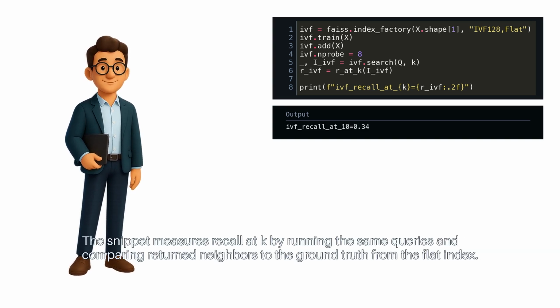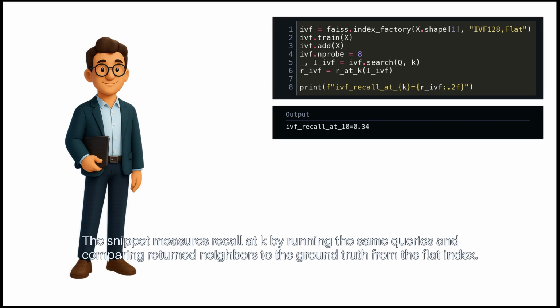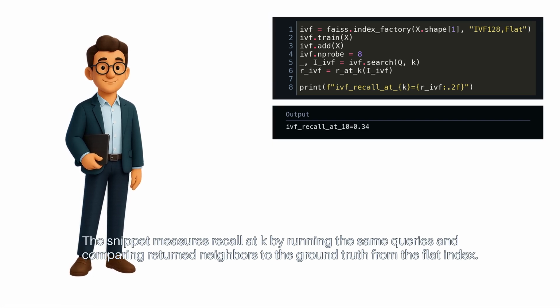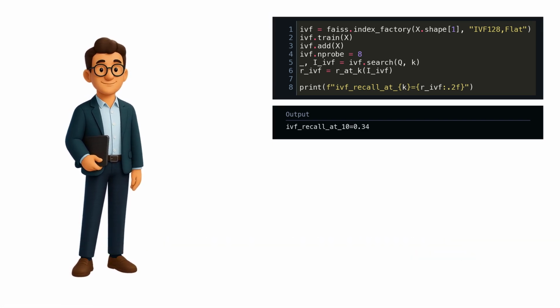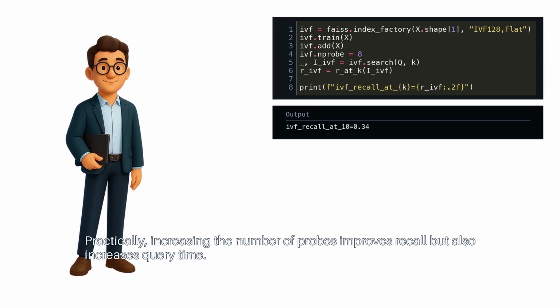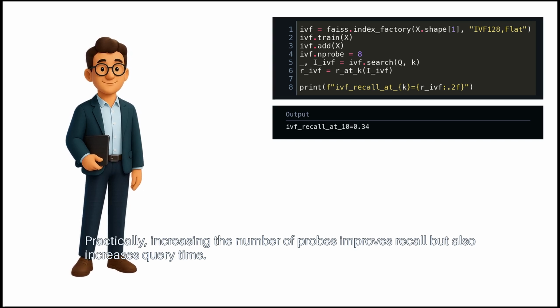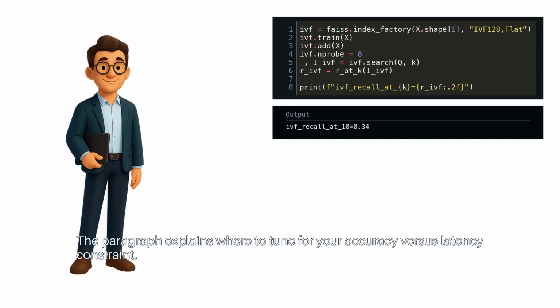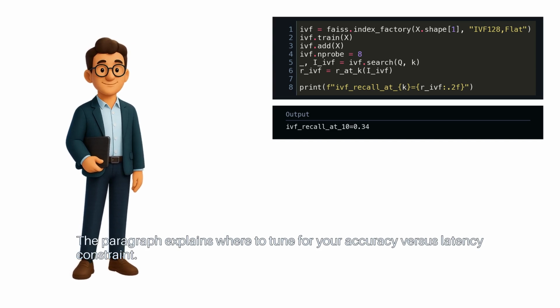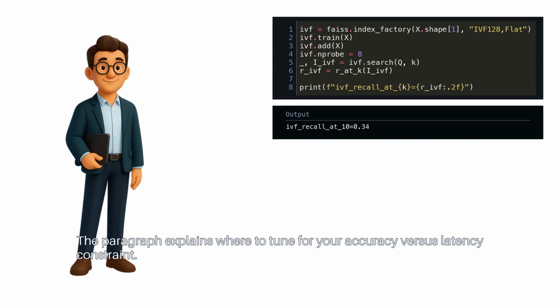The snippet measures recall at K by running the same queries and comparing returned neighbors to the ground truth from the flat index. Practically, increasing the number of probes improves recall, but also increases query time. The paragraph explains where to tune for your accuracy versus latency constraint.